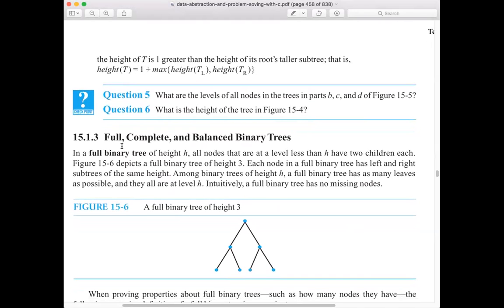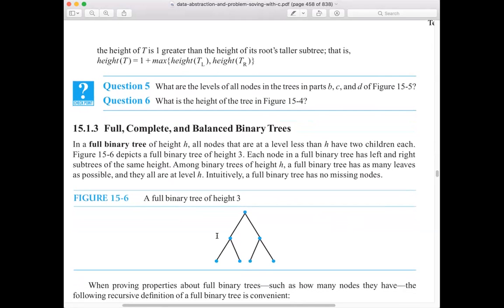But let's see, a full binary tree: in a full binary tree, all nodes have 2 children each. So a full binary tree has as many leaves as possible.